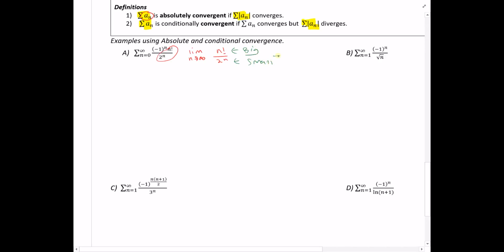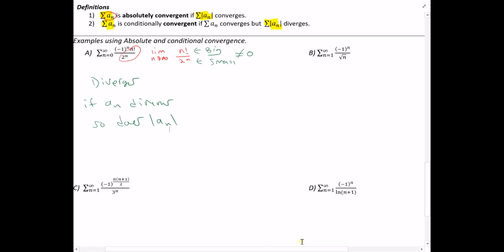All that's important here is this does not equal 0, so this series diverges, right? And if a_n diverges, then so does the absolute value of a_n, right? So the whole thing just diverges, we don't have to worry about it anymore. It's done, right? So that's it.